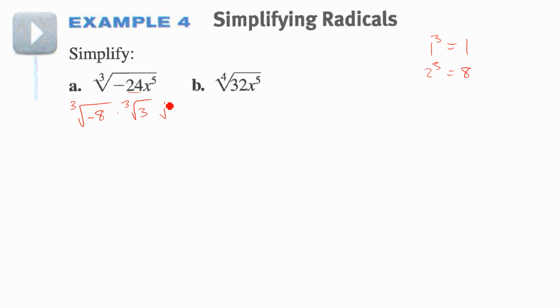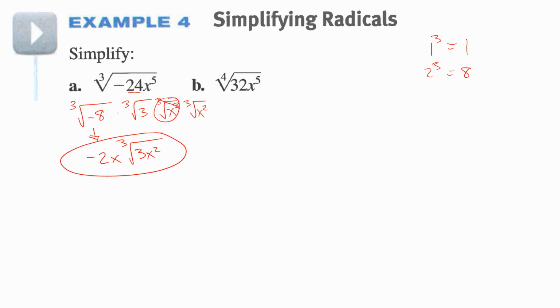And then I'm going to write the cube root of x cubed and the cube root of x squared. Why did I pick the cube root of x cubed? Because those are going to cancel. So this turns into negative 2. This right here turns into regular x. And then the rest is trapped underneath times the cube root of 3x squared.